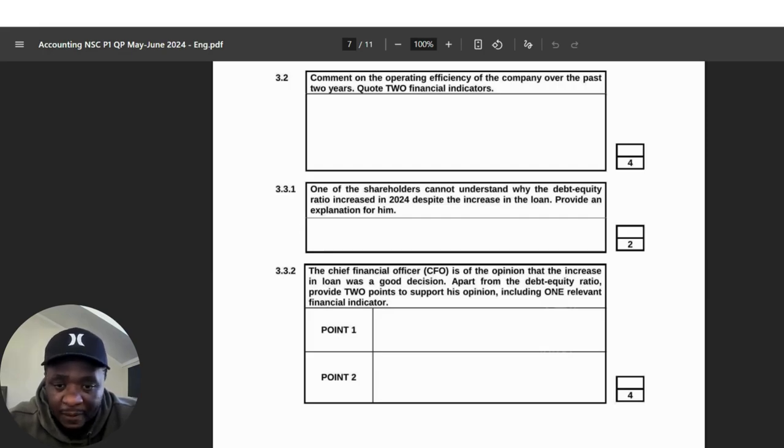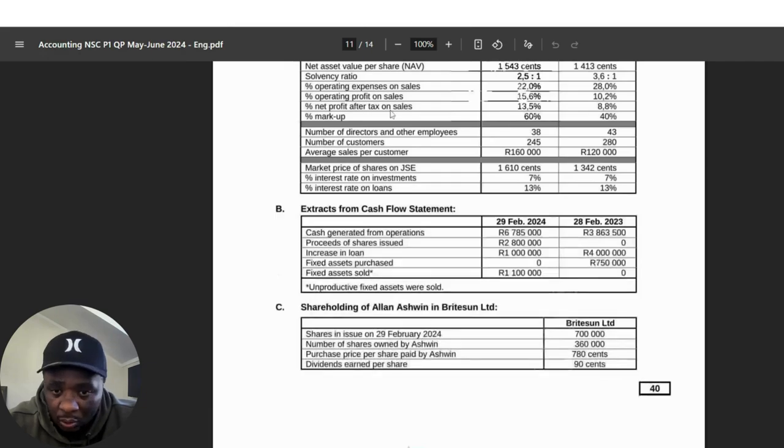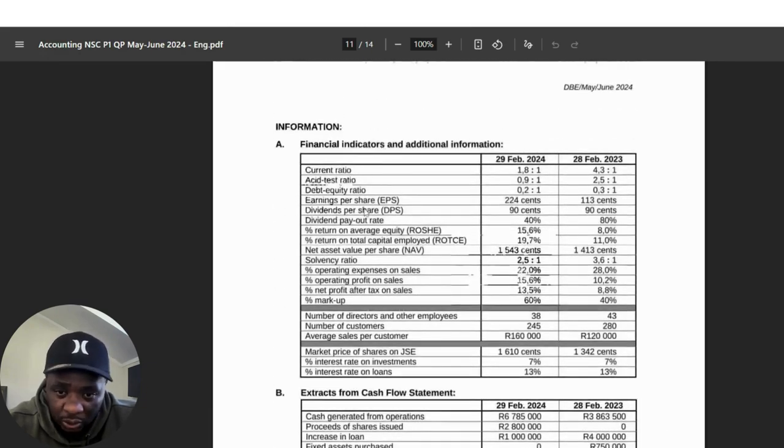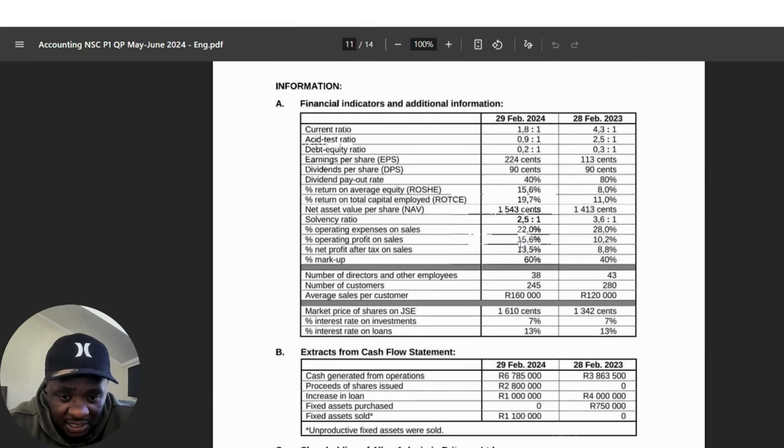So the first point that you want to make when we look at whether it's a good idea to be increasing loans is you want to look at your return on capital employed. So return on total capital employed, let's go back to the ratios. There it is, ROTCA. So you can see that our return on capital employed improved from 11% to 19.7%.